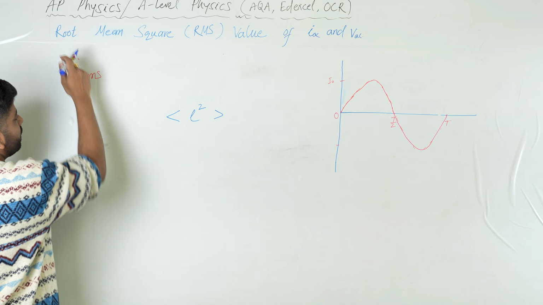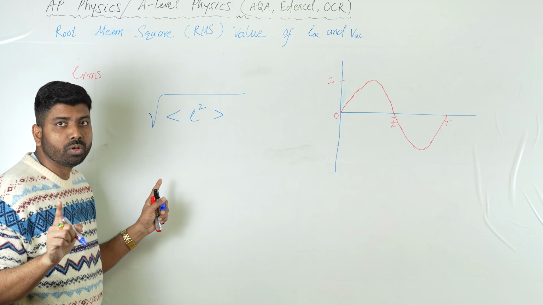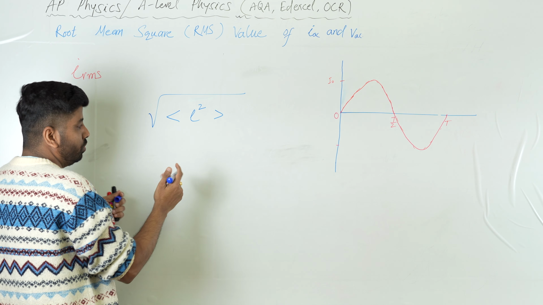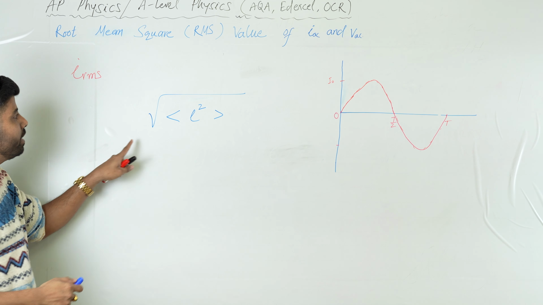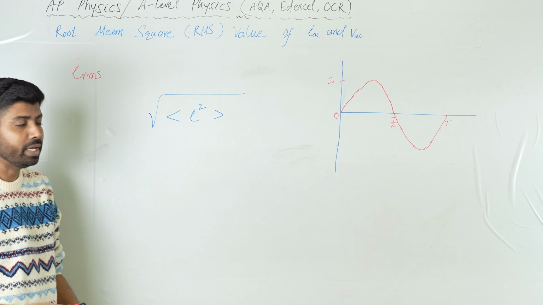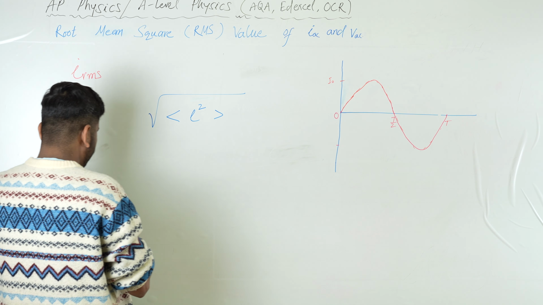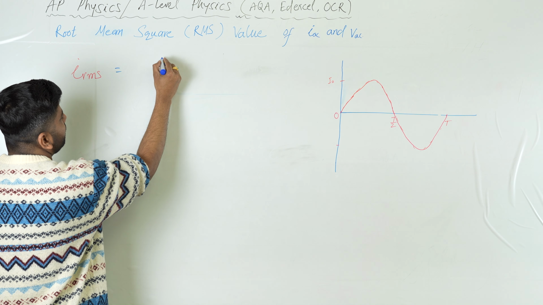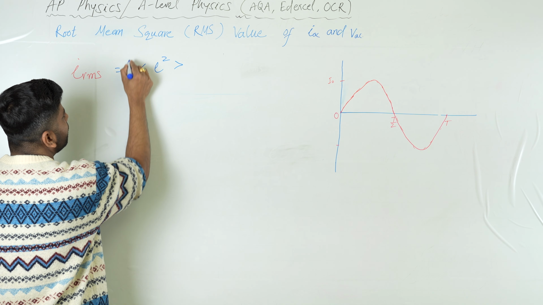Then you have to find the root. So this is not the way you are going to calculate; I'm going to show you the complete expression now. The RMS is first square, then mean, then root.